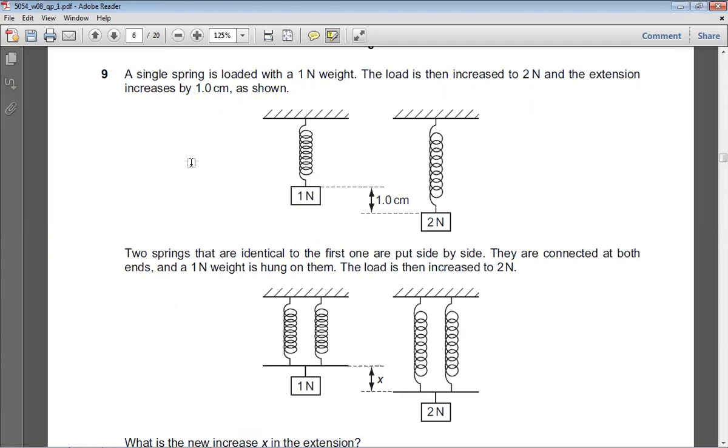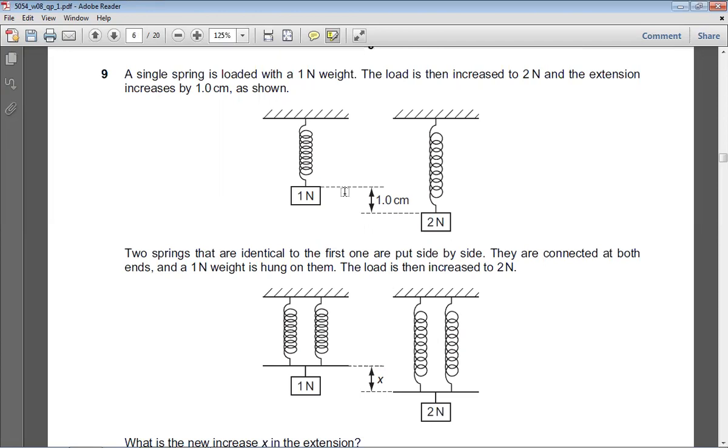A single spring is loaded with a 1 Newton weight. The load is then increased to 2 Newton and the extension increases by 1 centimeter as shown. So what they are saying is that when you hung 1 Newton load, they are supposing that's the unstretched length, L naught, that's my reference point.